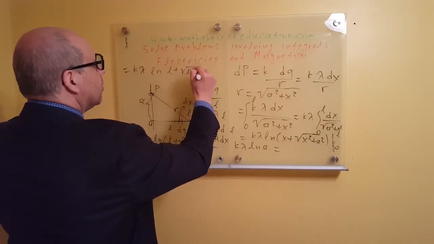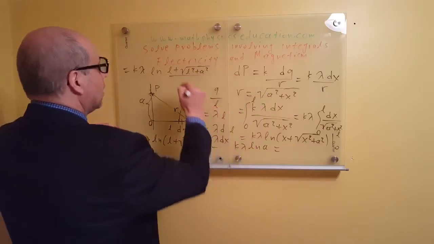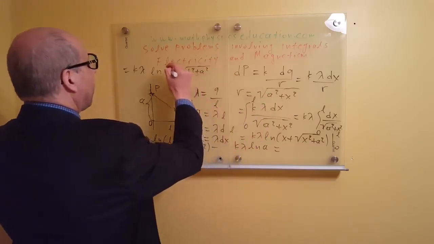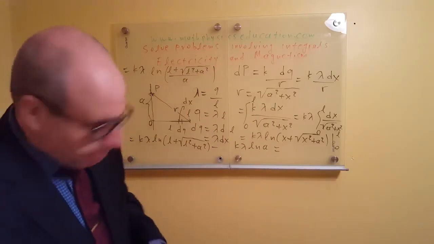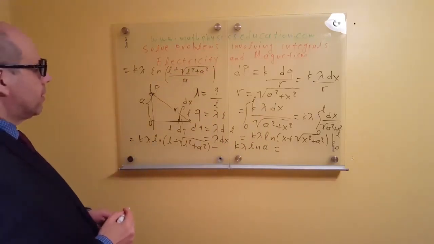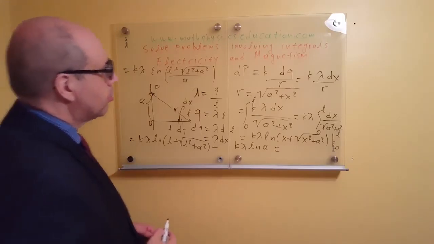Just to recap, we start from the fact that this charge element dq produces this element of potential at this point.